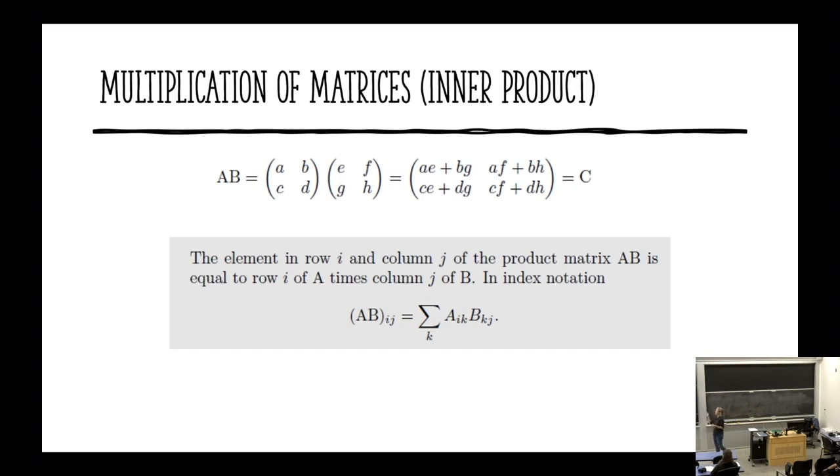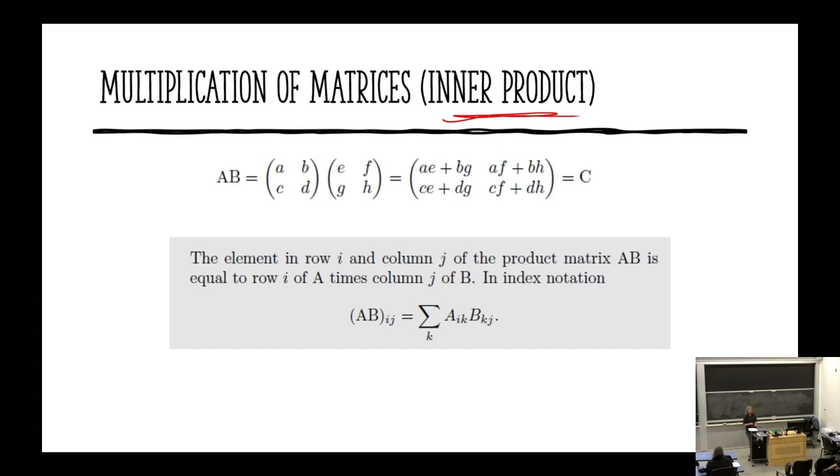So the product of A, B, C, D with E, F, G, H is AE plus BG, AF plus BH, CE plus DG, CF plus DH. And that's our new matrix C. We also call this product an inner product, and that's going to be distinguished from outer products later on.